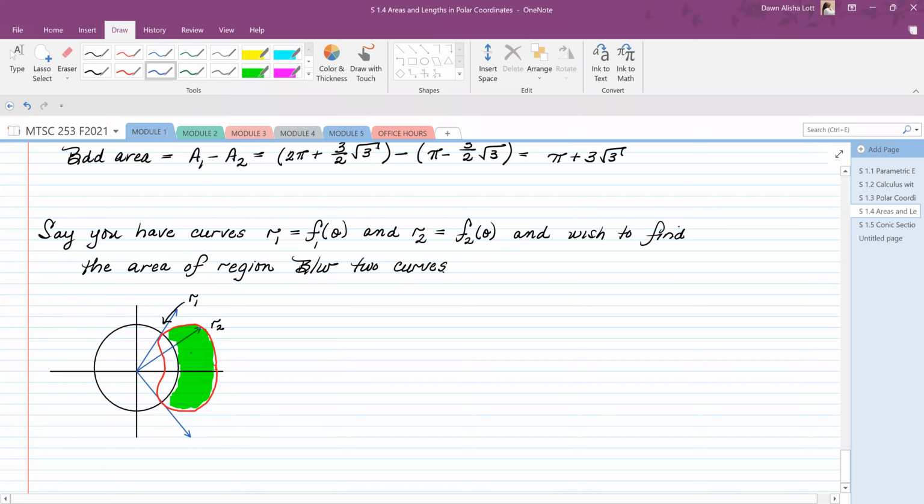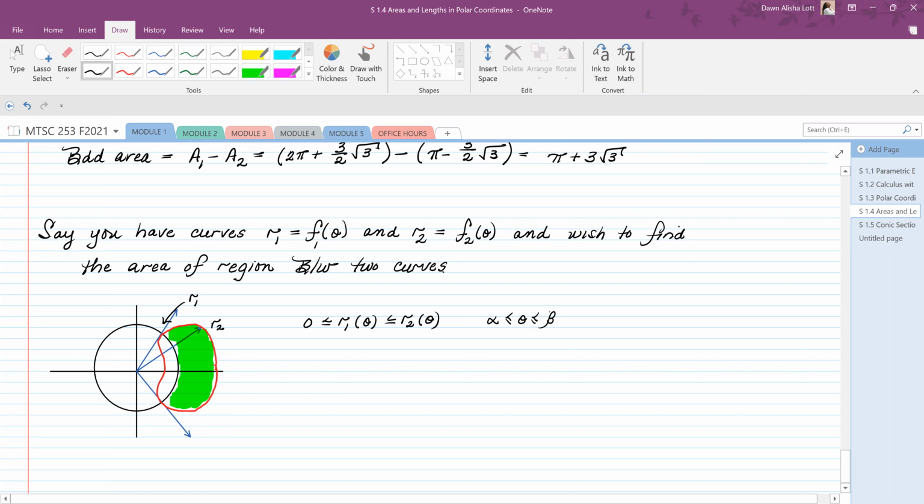So now I know that 0 is less than or equal to R1 of theta, which is less than or equal to R2 of theta. All right. And alpha is less than or equal to theta is less than or equal to beta.